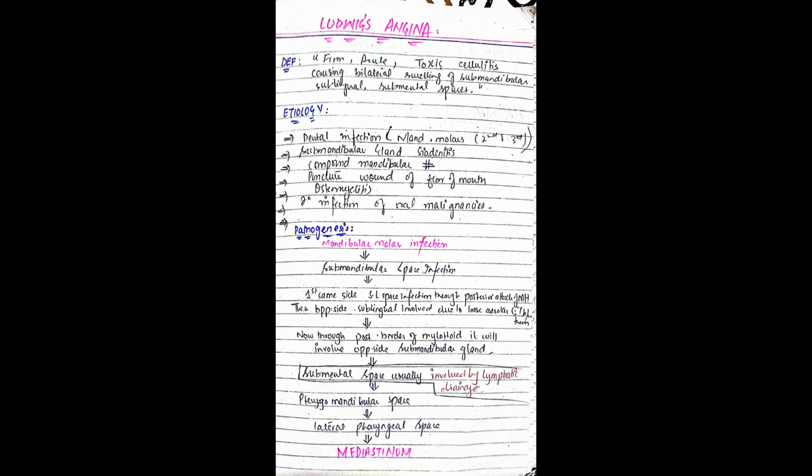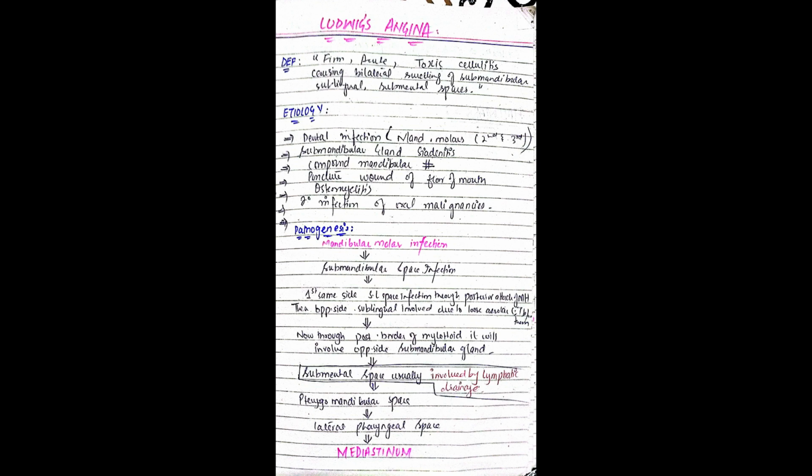Now, as the sublingual space is involved and infected, the opposite side sublingual space also gets infected, because both sublingual spaces are connected by loose connective areolar tissue, and the infection spreads from one side sublingual space through this loose areolar connective tissue to involve the sublingual space of the opposite side as well.